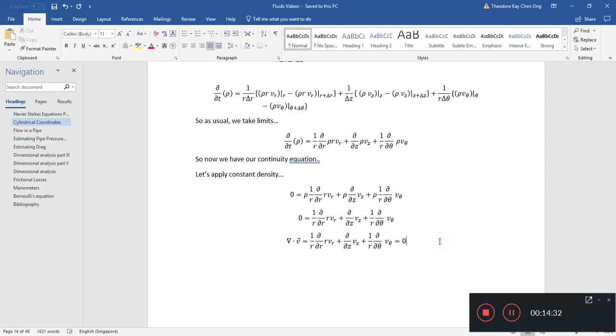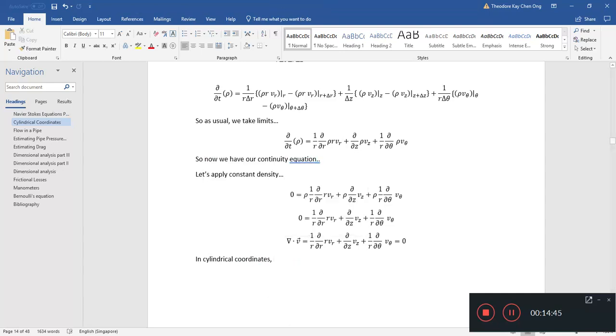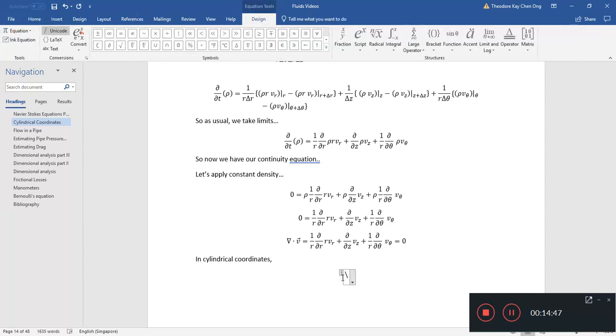So in cylindrical coordinates, the gradient, the nabla operator, is like this.